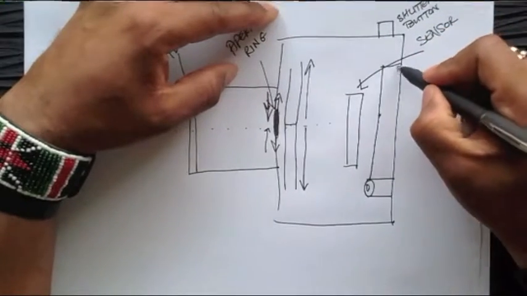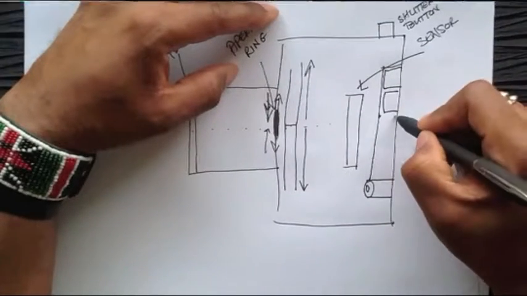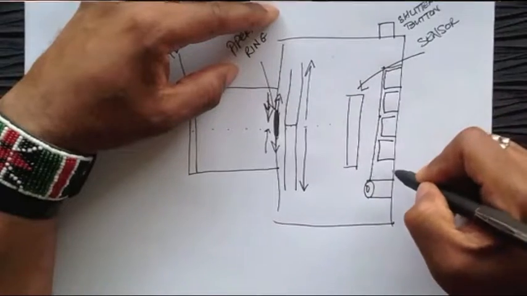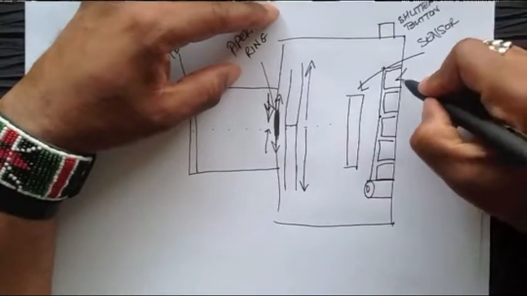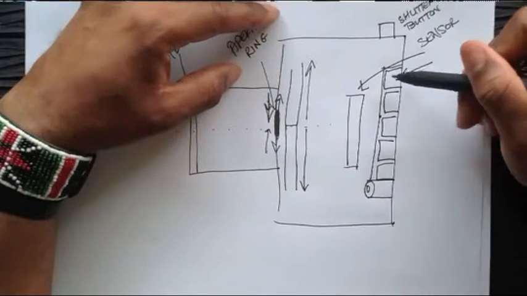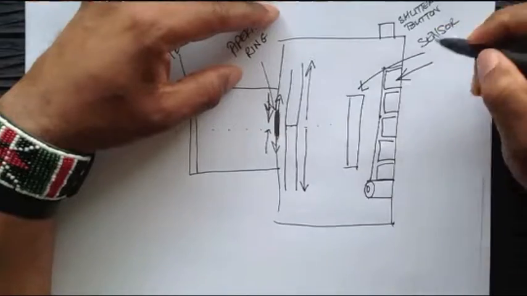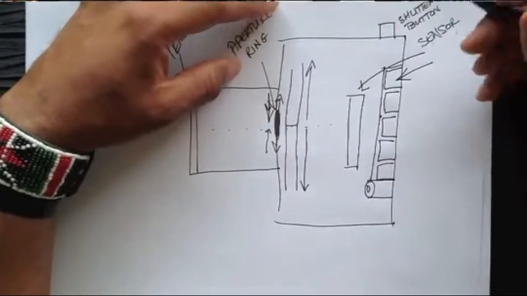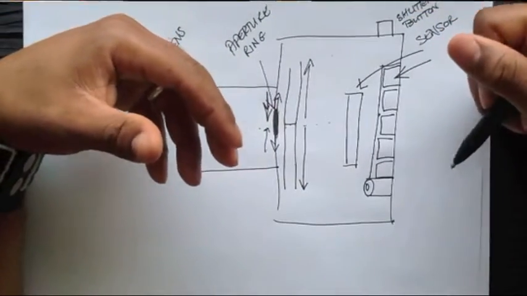Now, this film strip is what captures the image, which then turns into the negative. So these are your negatives, and these little squares here are what capture the image on the film.